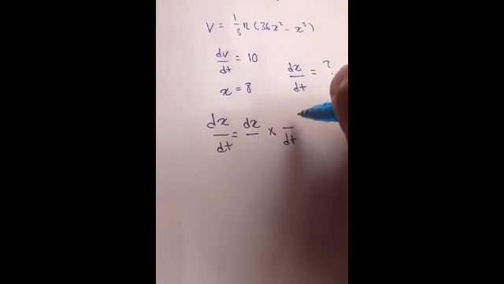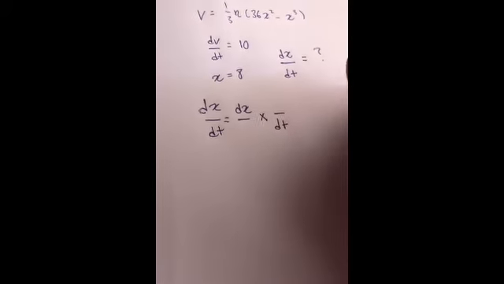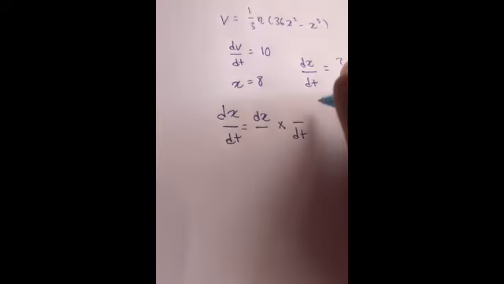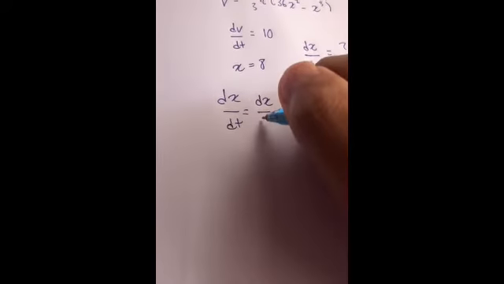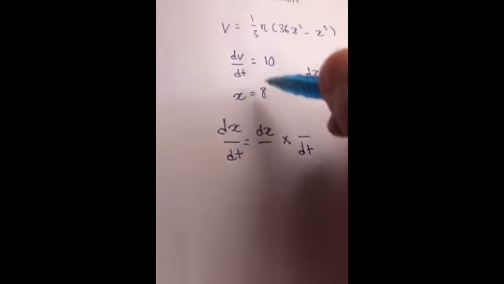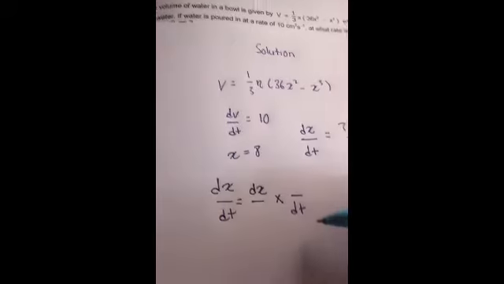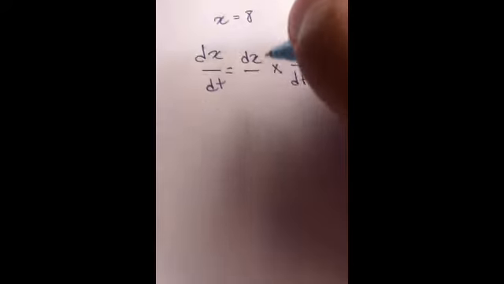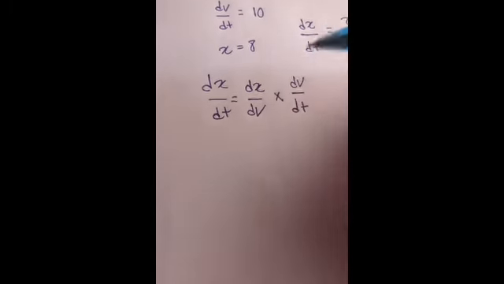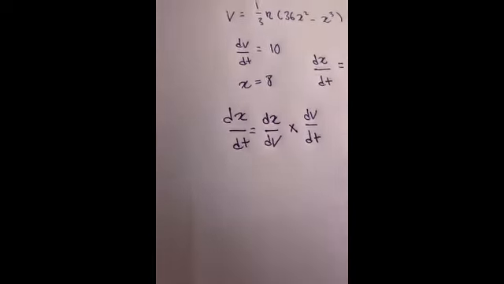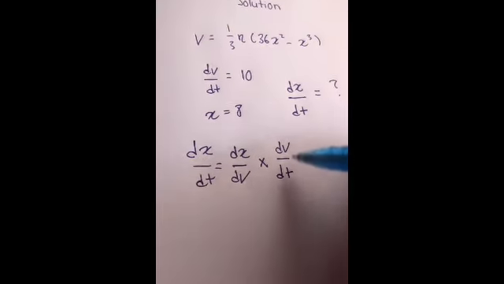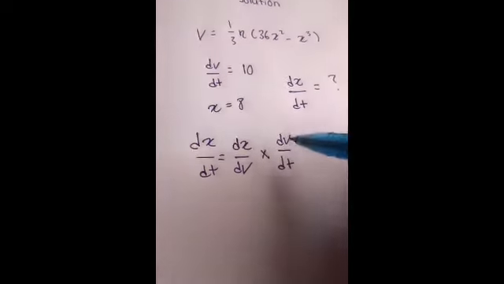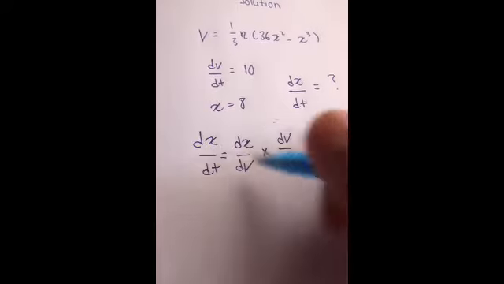Here and here must be the same units because we want to simplify. So for the information, dV per dt we have 10, and dx per dV we must find first.